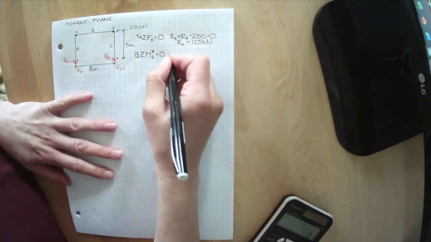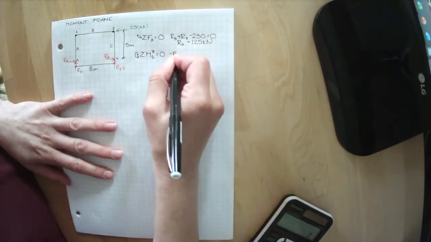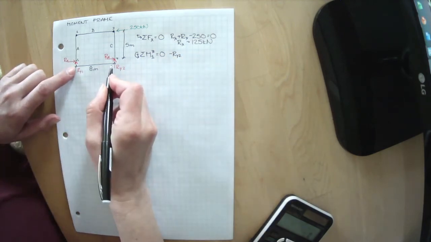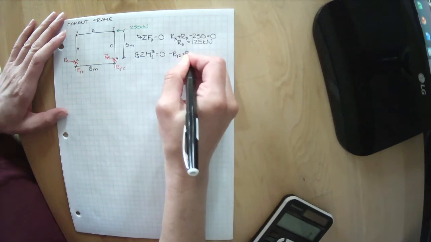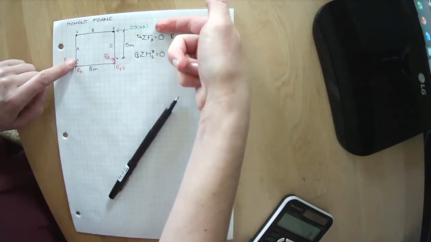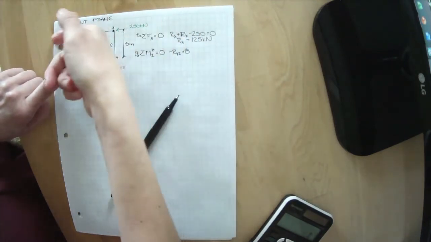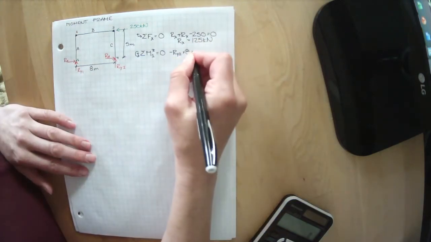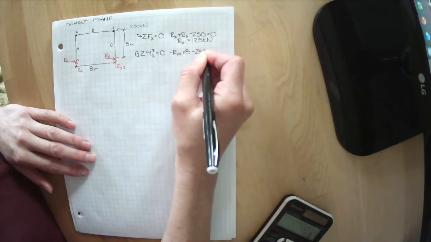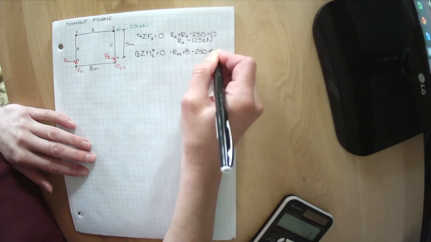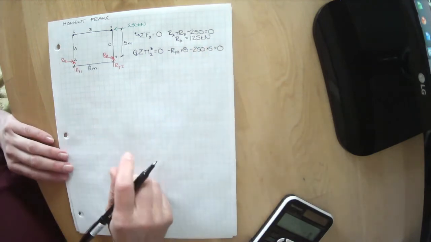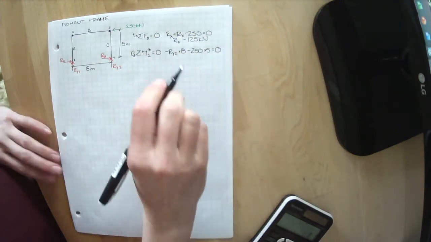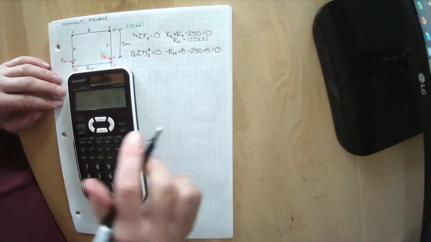So it looks like we've got minus RY2, and RY2 is 8 meters away, and our 250 kilonewtons pushing in this way, it gets as close as 5 meters away. So we've got minus 250 times 5 meters. And we want to know what it takes for this to be in equilibrium or equal to 0.